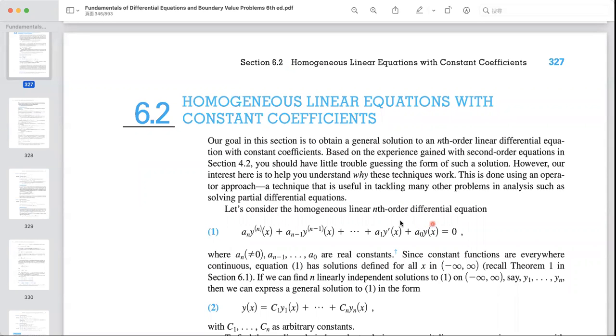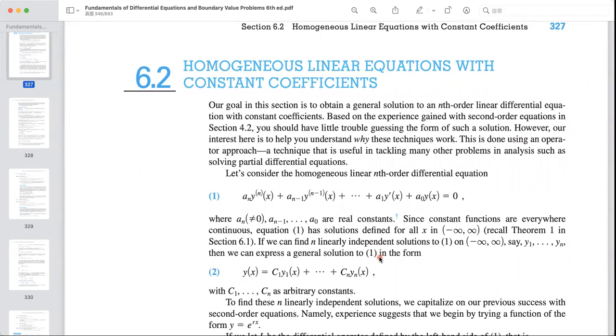Okay, so homogeneous means the right-hand side is 0. And you can say this is a linear nth order equation. All the coefficients here, a_{n-1}, ..., a1, a0, are all real constants.